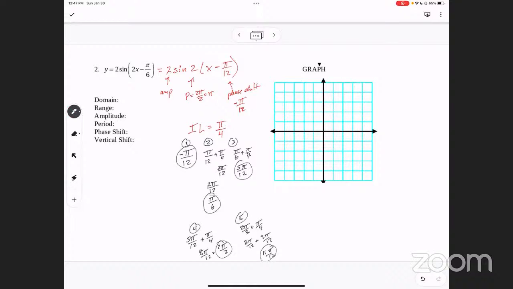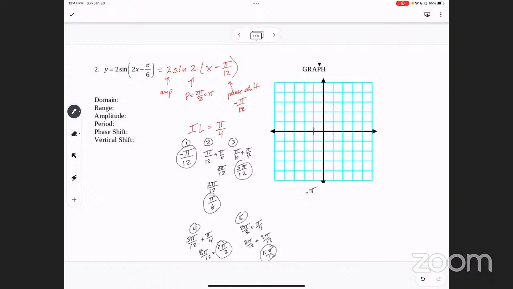So here's negative pi over 12. This is where it gets a little bit tricky to figure out how to put this in here, because they only give us a 5x5 graph. So it's kind of hard to do this. We're going to go by pi over 12.